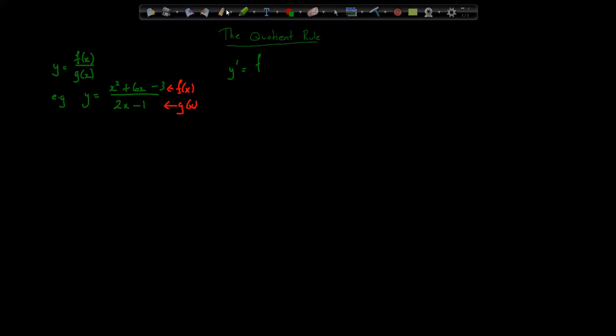Okay, so our derivative would be where we've got f(x plus h) divided by g(x plus h), and we're subtracting from that our original function, all over h, and of course I should have put in front of that our limit.